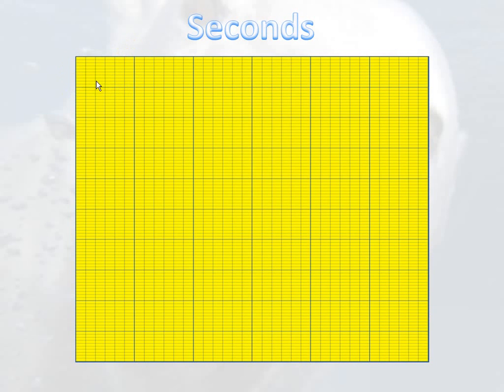This minute right here is subdivided into 60 equal parts. Remember, the whole thing is a degree. We divided it up into 60 equal parts. Those parts were minutes. Then we divided each minute into 60 equal parts. Those parts were seconds. So here, there are 60 seconds in this one rectangle.